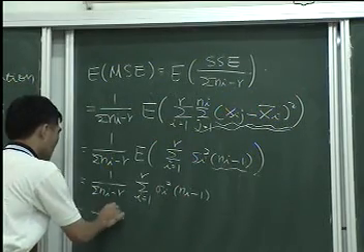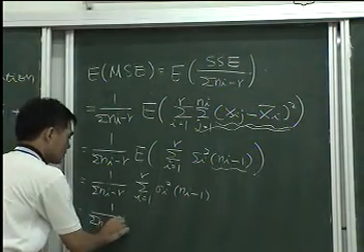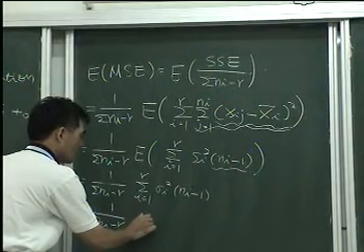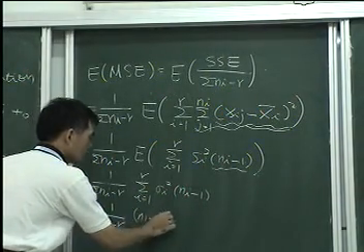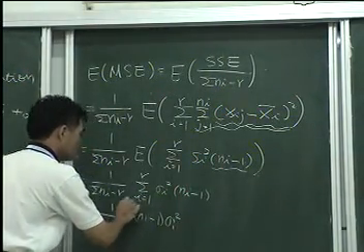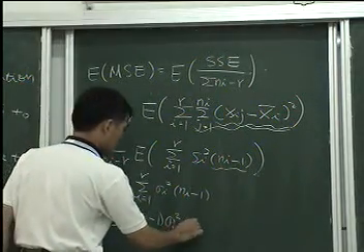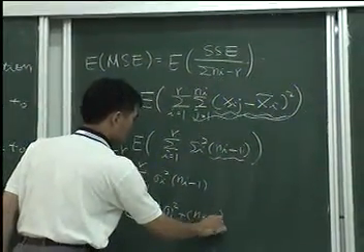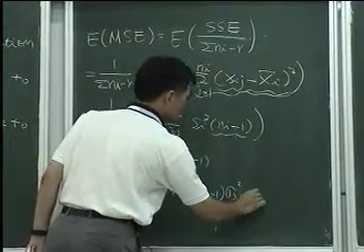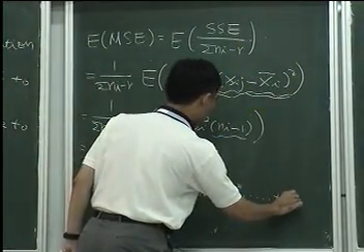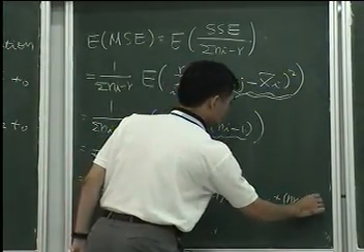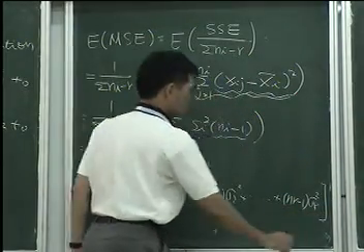You get 1 over summation Ni minus R, N1 minus 1 sigma 1 squared, and then N2 minus 1 sigma 2 squared, and Nr minus 1 sigma R squared, right?